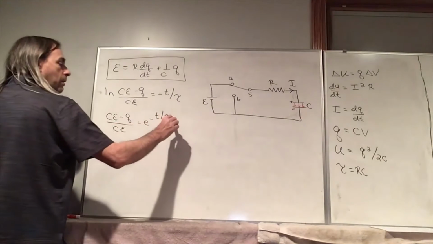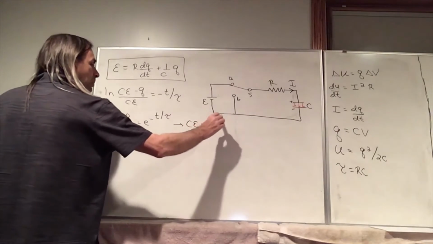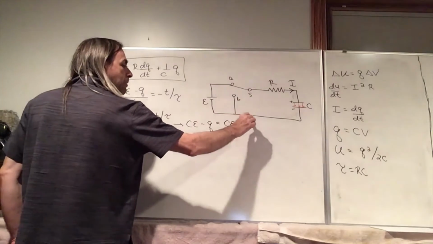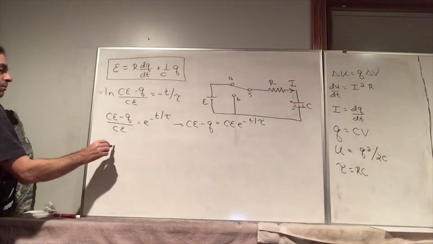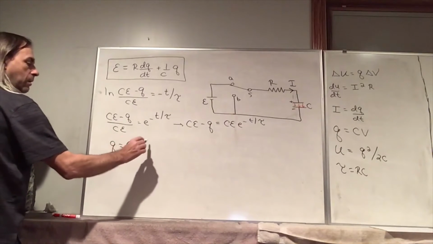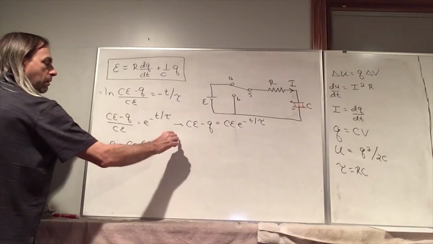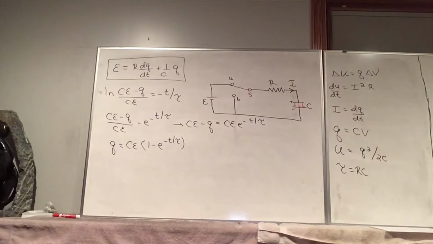Here we have C epsilon minus q equals C epsilon e to the minus t over tau, or q would be C epsilon times (1 minus e to the minus t over tau). And this is our kind of final result.